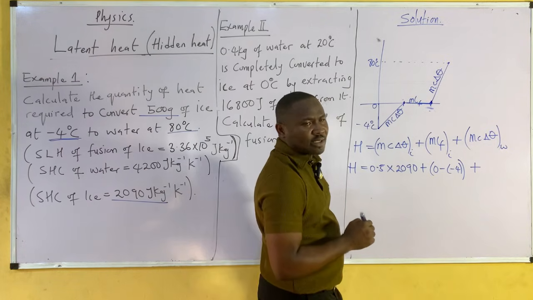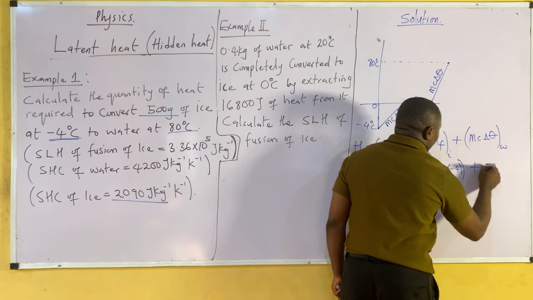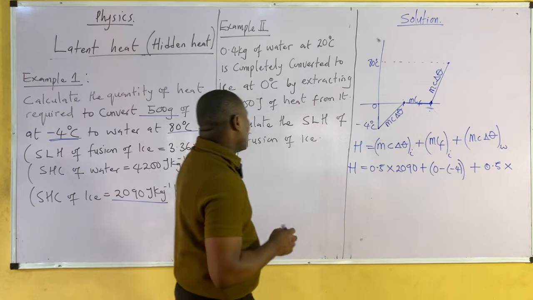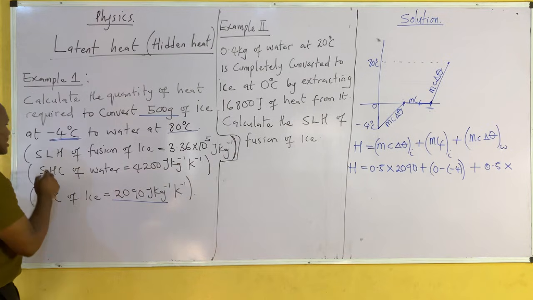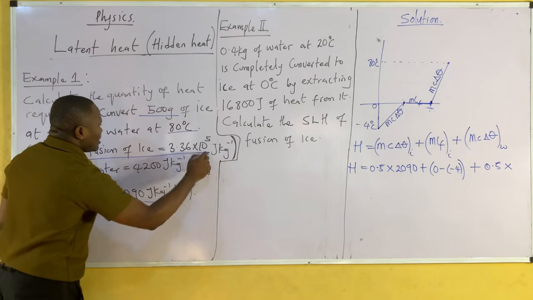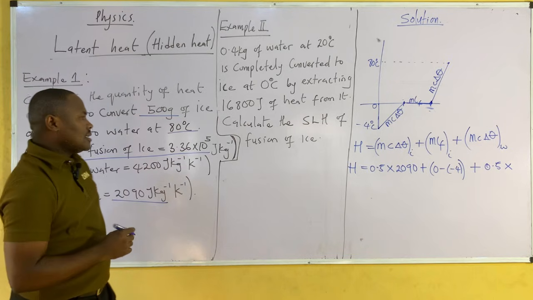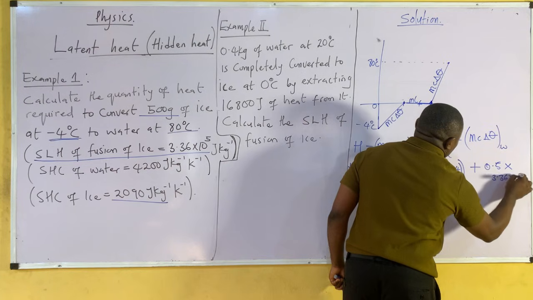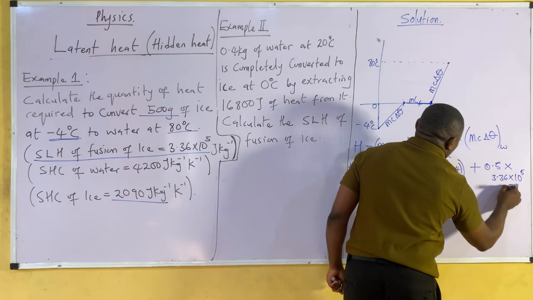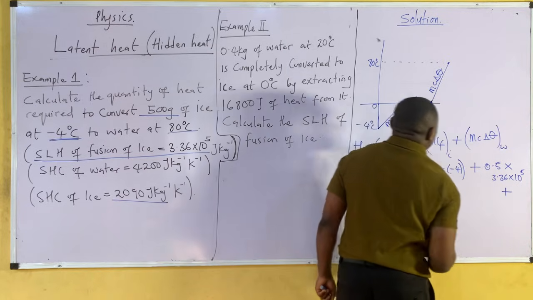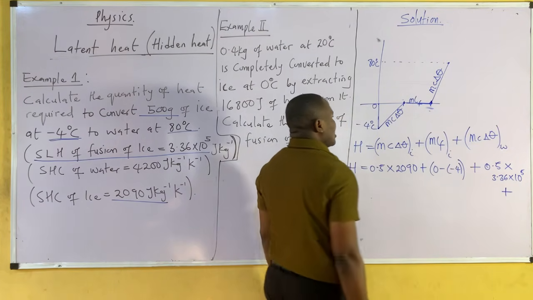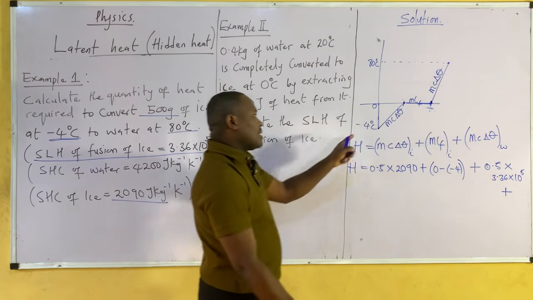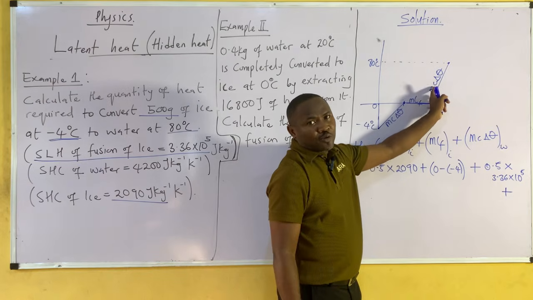Now, the mass of the ice is still 0.5, times, what is the latent heat of fusion? The specific latent heat of fusion is 3.36 times 10 raised to power 5. Then after that, plus, what is now the last case? The last case is now the same mass, because take note, the mass of the ice is also equal to the mass of the water.